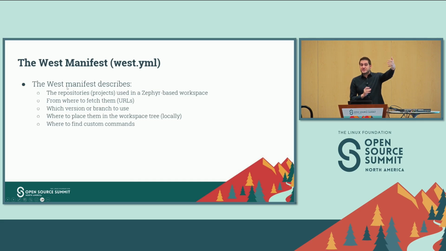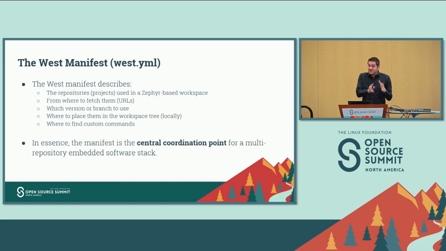So I'm just going to specify from where I'm going to fetch them, and which version or tag I want to get, where I want to place them locally, and where to find them inside this workspace. And also, if I have some custom commands, where I can find these custom commands. So in simple words, the manifest is just the central coordination point for multiple repositories that are embedded in your software stack.